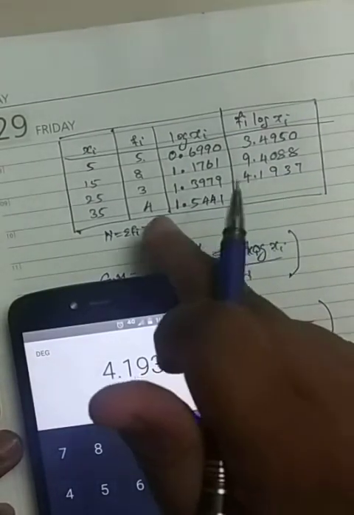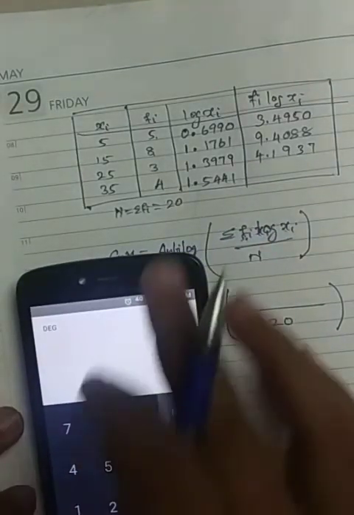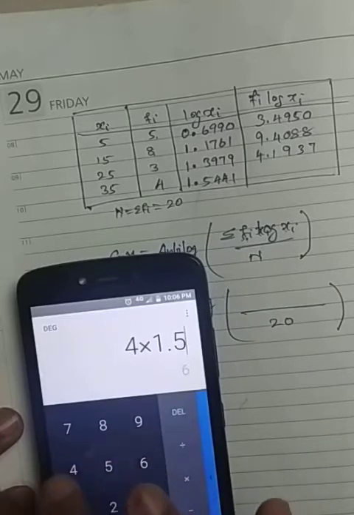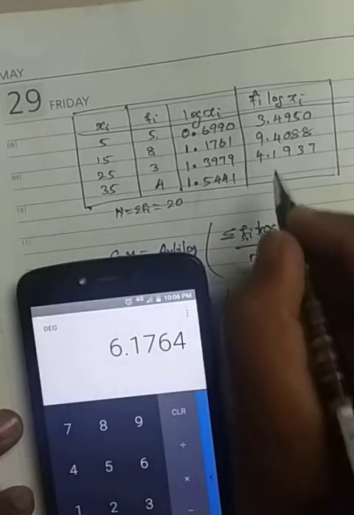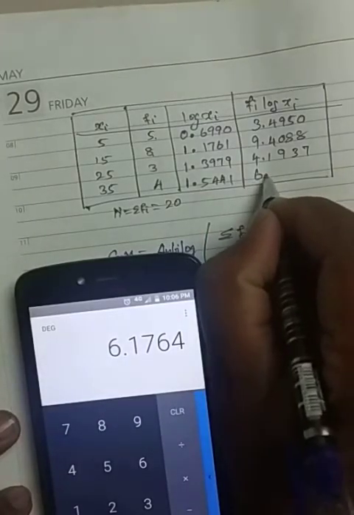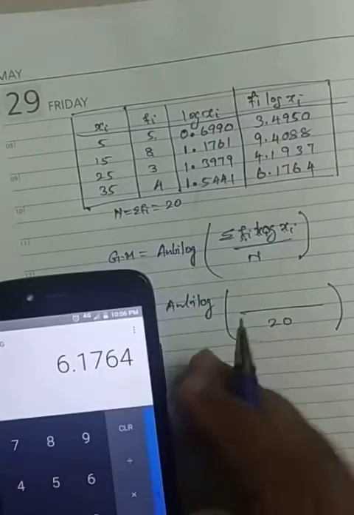And then finally 4 into 1.5441 that I am going to multiply. I get 6.1764.